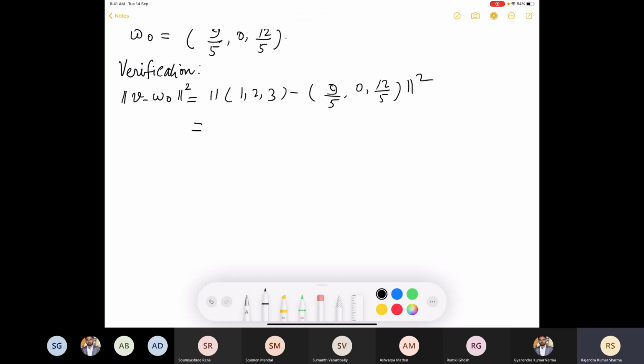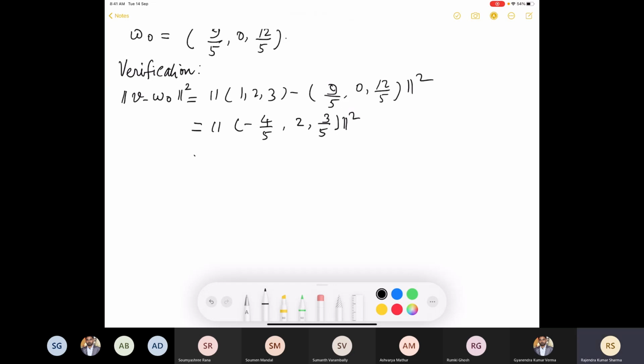So 1 minus 9 by 5 is minus 4 by 5, then this is 2, and this is 3 minus 12 by 5. So 15 minus 12 by 5, so this is 3 by 5. Square.